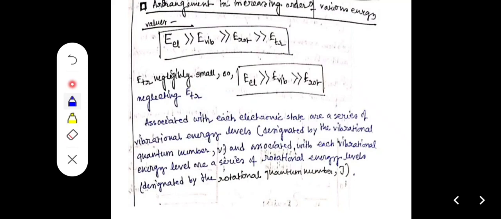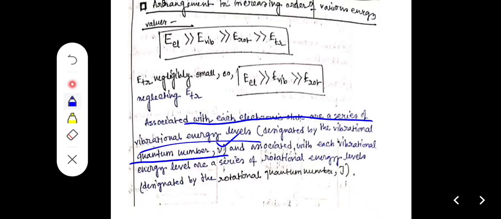Now, associated with each electronic state are a series of vibration energy levels, as I said in the previous slide, designated by the vibrational quantum number, that should be V, not nu, that should be V. In class 12, college level, master's degree, even I get confused about capital V and small v, that is nu.